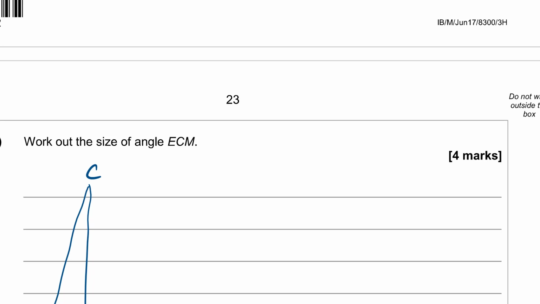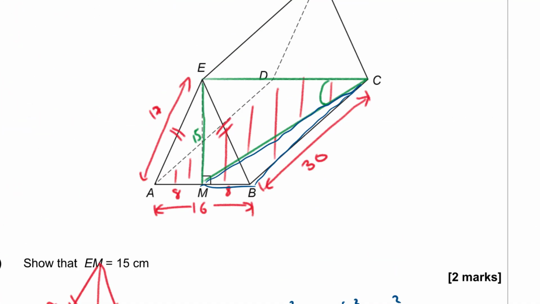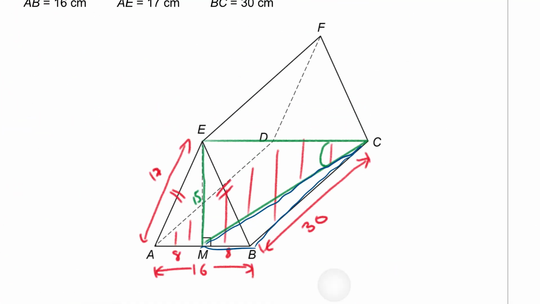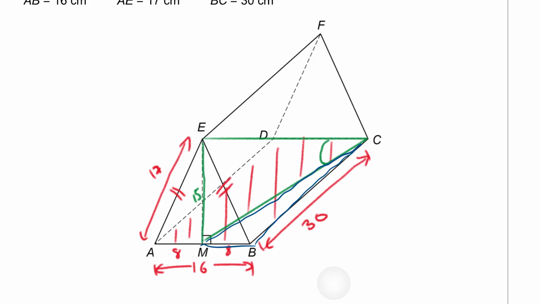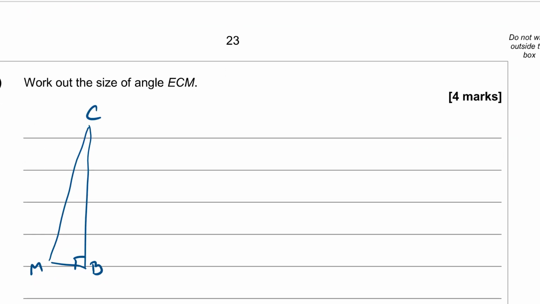And what do we know about this triangle? We know that MB is 8 and we know that BC is 30. So we know that is 8 and that is 30. So what is the length of that hypotenuse? Again, we're going to use Pythagoras theorem.